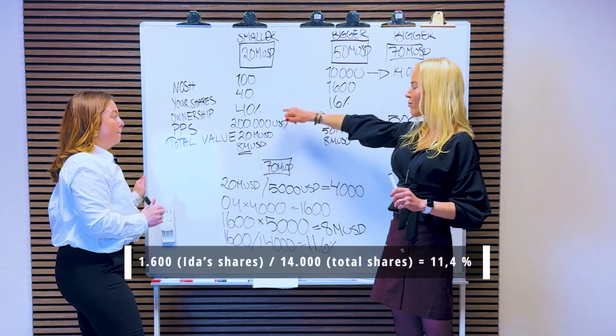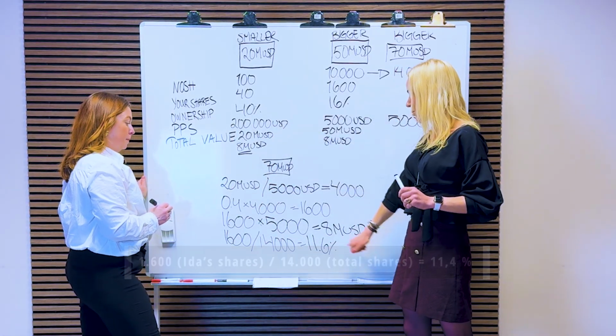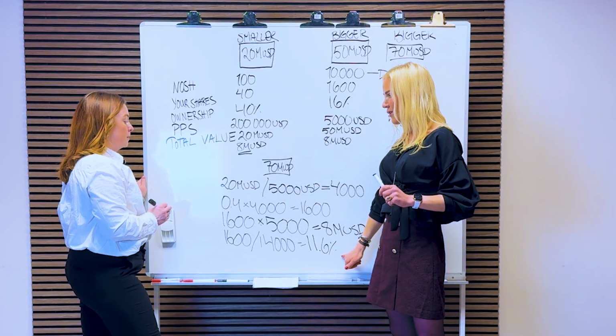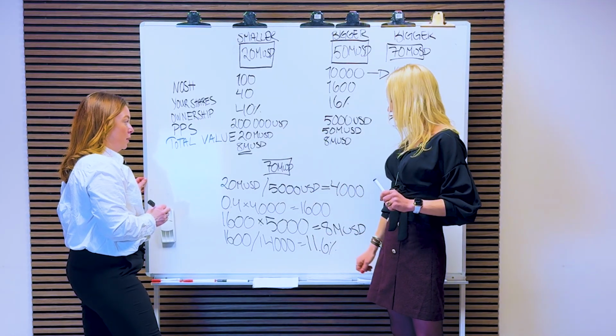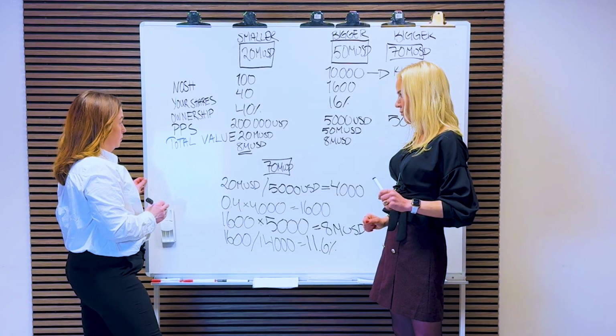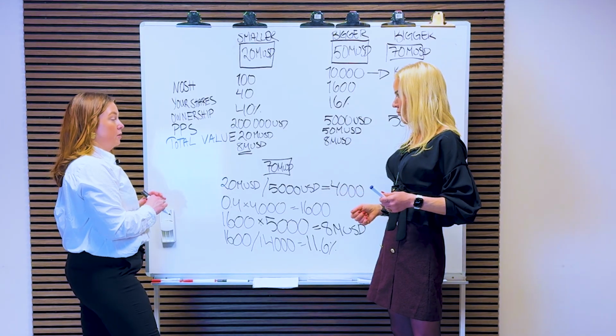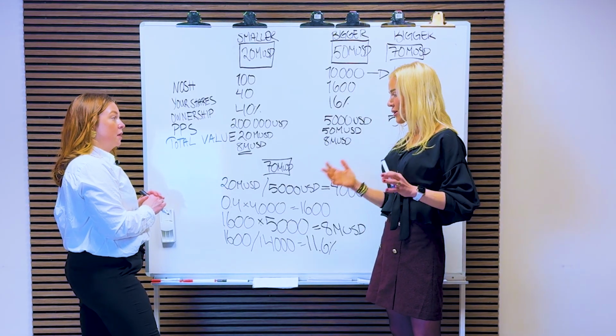So you have a much lesser ownership. Less ownership, less influence, less control. Economically, the same. For me, it looks like a good merger deal. Yeah, exactly. So we've done this correctly.